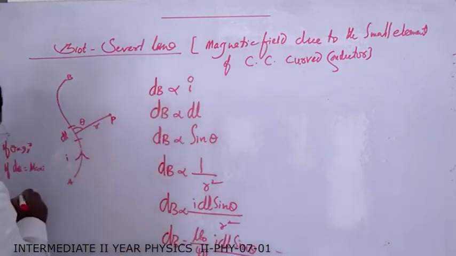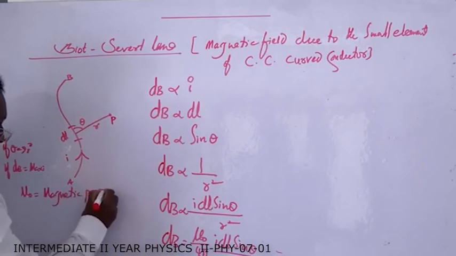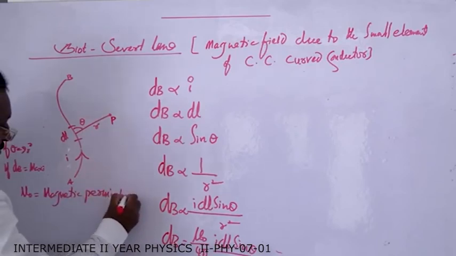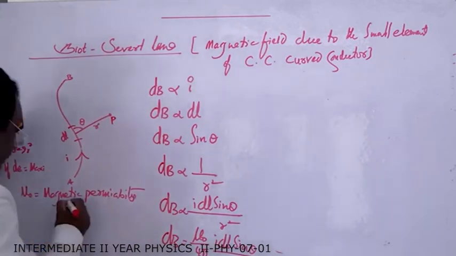Here mu naught is the magnetic permeability. What is mu naught? The magnetic permeability of free space.